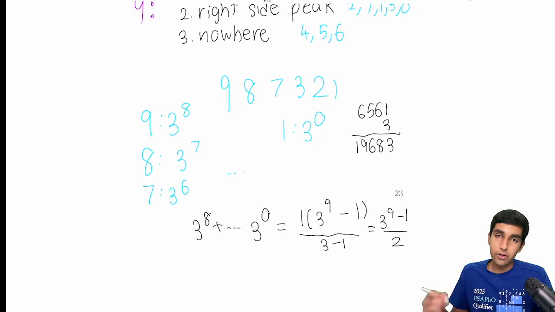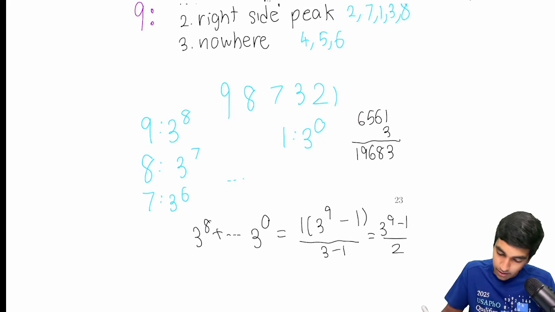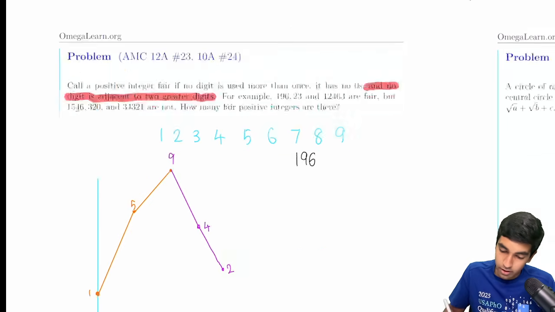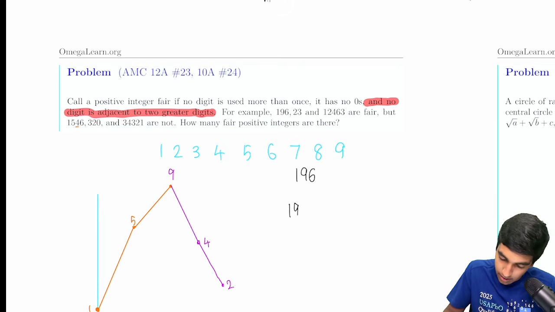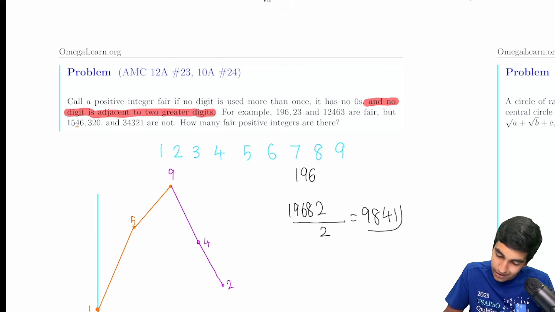So that's how you do the mental math quickly, especially if you're in a rush for time. Then we get that our answer is just equal to 3 to the 9 minus 1 all over 2. So that's 19683 minus 1 over 2. 19682 over 2. That is 9841, the final answer for this question.